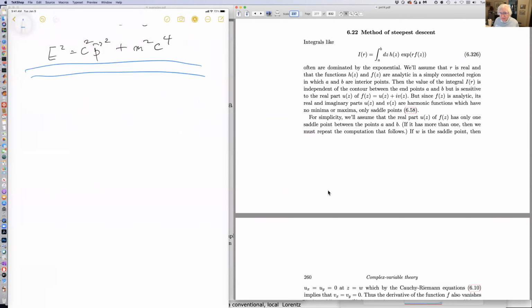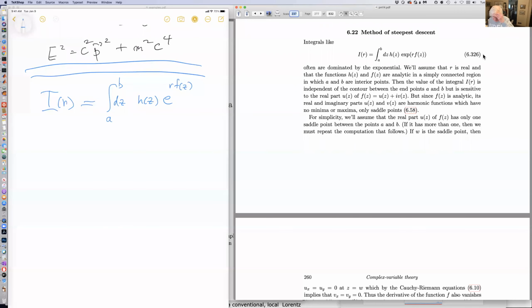Well, let's first consider the integral that is sort of a general case of an integral. So it's this equation 6326, and this is e to the r times f of z.